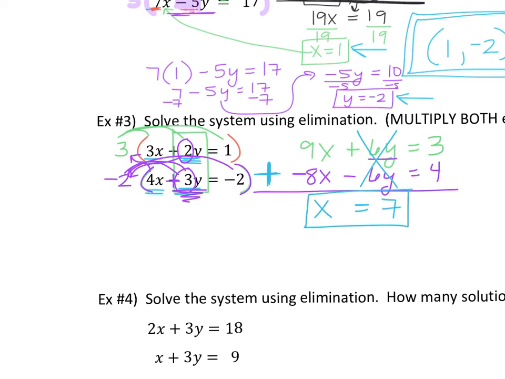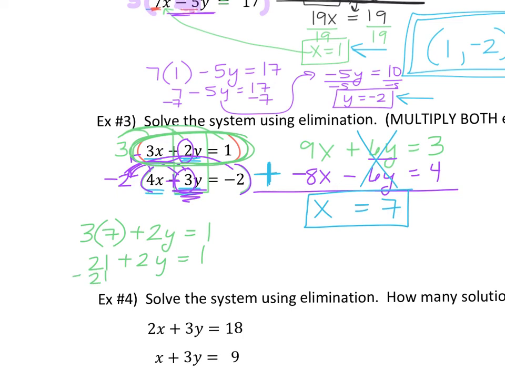Now I'm going to take my x value and plug it into one of my other equations. I'm just going to plug it into this one because it's the smallest numbers. So it's going to be 3 times my x value, which is 7, plus 2 times my y value equals 1. So 21 plus 2y equals 1.